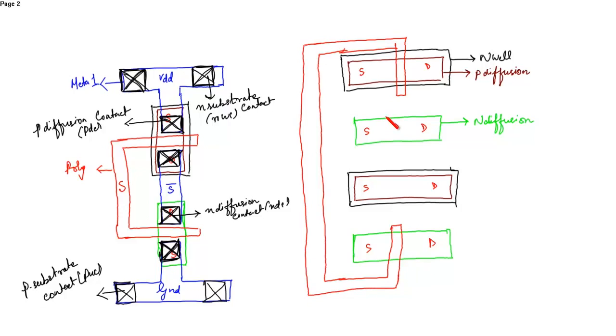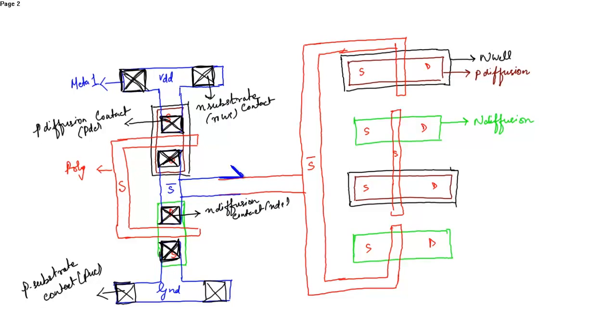Now these two are connected. So this is S bar and this is S. So this S bar is connected directly over here, and from here we need a metal layer.